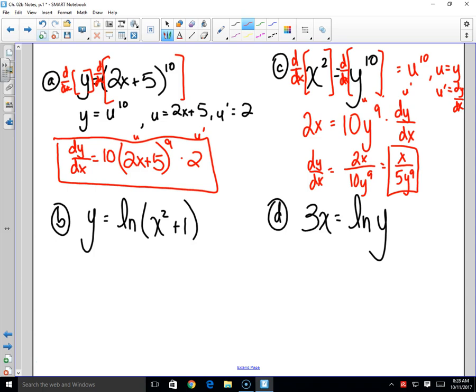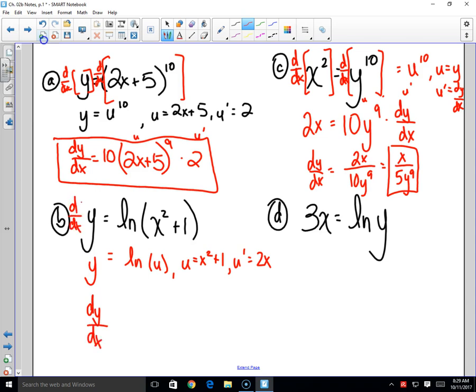Now, what's the rule for taking the derivative of ln of u? 1 over u times u prime. So in this one, I could think of this as ln of u when u is equal to x squared plus 1. And what's u prime equal? The derivative of x squared plus 1 is 2x. We take the derivative, I'm doing it to both sides, right?